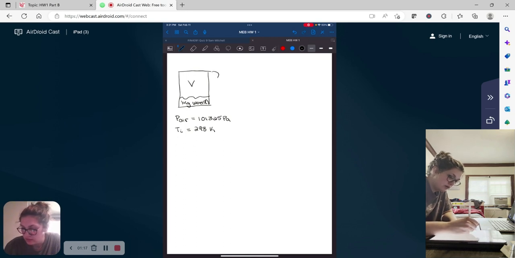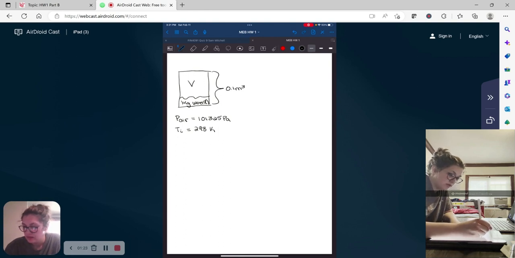We know that the total volume of the container is 0.1 meters cubed. And then we also know that the final pressure that we want is 200 times 10 to the third pascals.